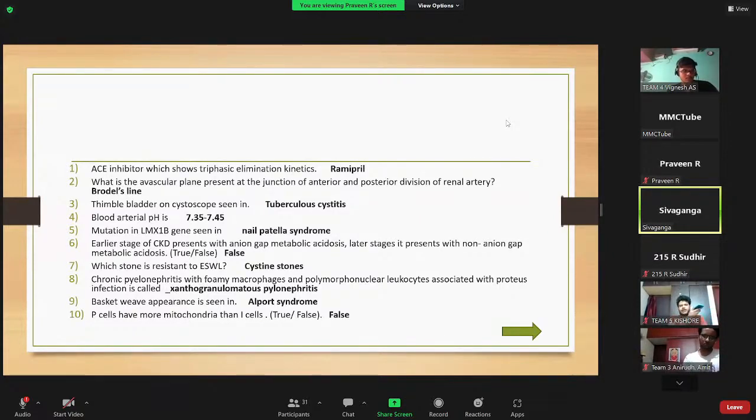Later stage will be anion gap acidosis. You said wrong, it's false. Seventh one is correct, cystine stones. Eighth one is xanthogranulomatous pyelonephritis, correct. Ninth one, Alport, correct. 10th one is false, you said true. I cells have more mitochondria than P cells. So you answered 7 questions correct. You get 70 marks.